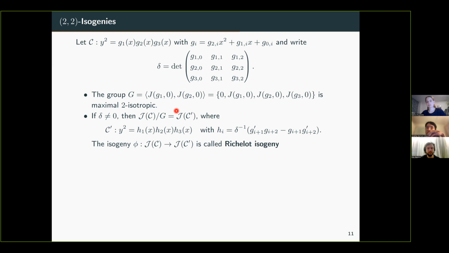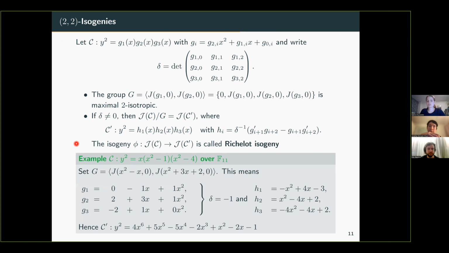And this hyperelliptic curve has a very explicit representation as y squared is equal to, again, the product of 3 different quadratic polynomials, where they are given by this very small compact formula. Here the primes mean that we take the derivative, as usual. And the isogeny that we get from this is called a Richelot isogeny.